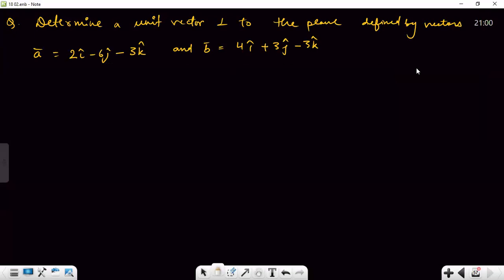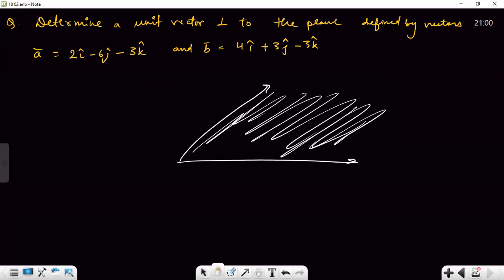This is our question where we have to determine a unit vector which is perpendicular to the plane defined by these vectors. Okay. So plane defined by these vectors means that A vector is this and B vector is this, and the plane is in between these two vectors. And we have to find a unit vector which is perpendicular to the plane.